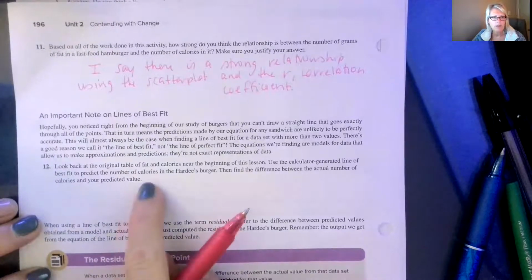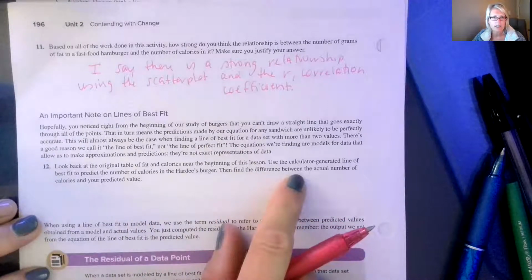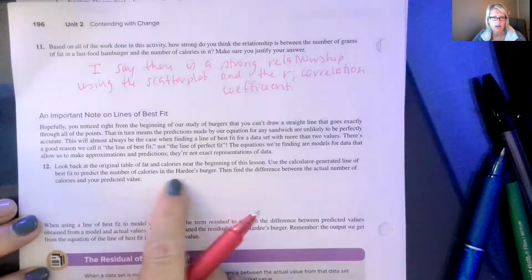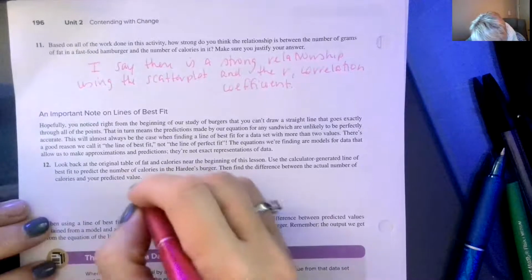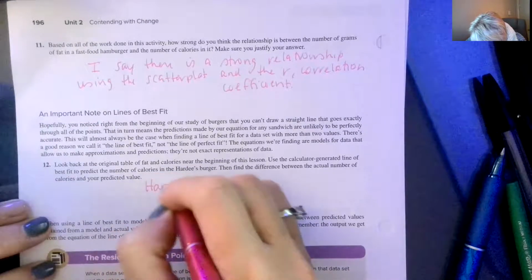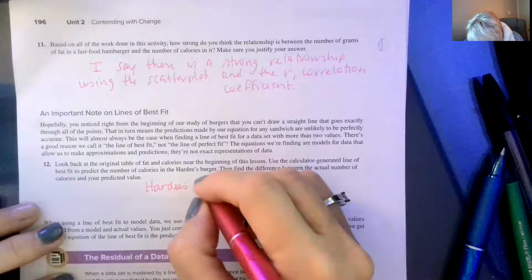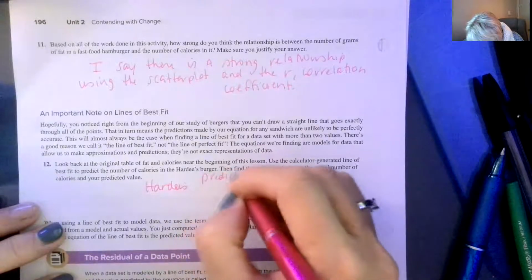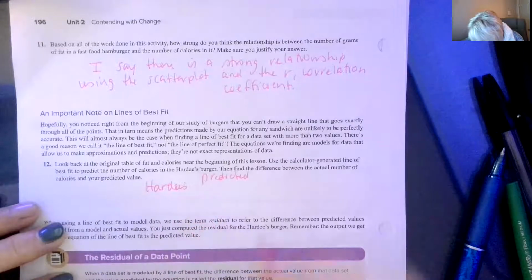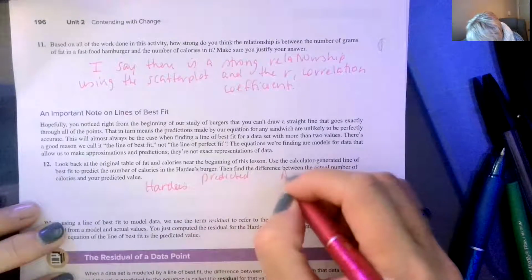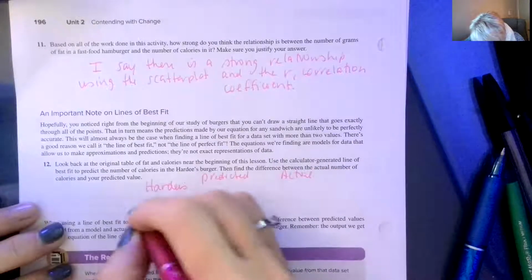Look back at the original table of fat and calories near the beginning of this lesson. Use the calculator generated line of best fit to predict the number of calories in the Hardee's burger. So this is the predicted, and we've got the actual, and so our difference.